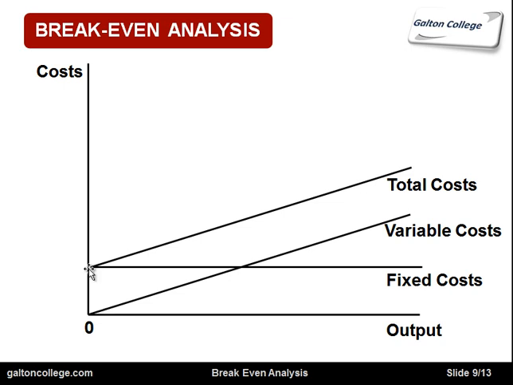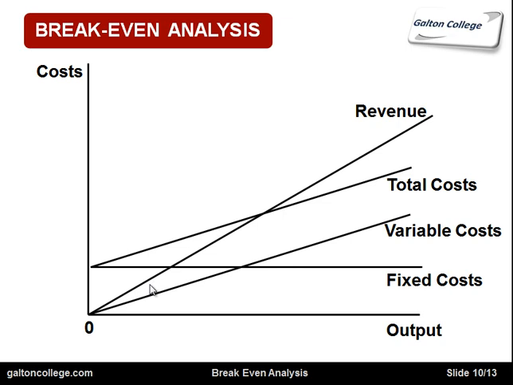So here is the fixed cost, and at this point there's no variable cost, so it starts here, and then afterwards it rises along here. So it's, if you like, the variable cost sits on top of the fixed cost. It just moves up here.